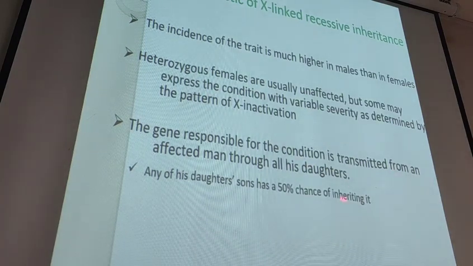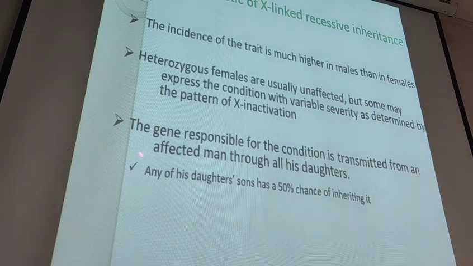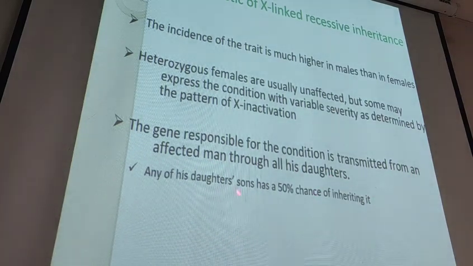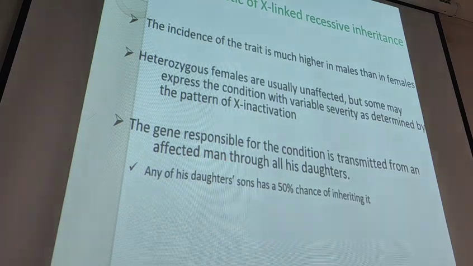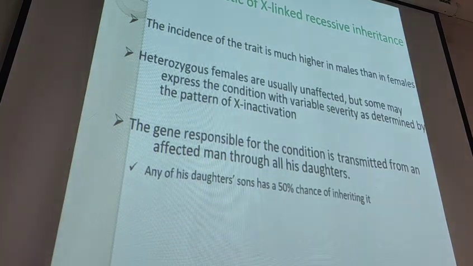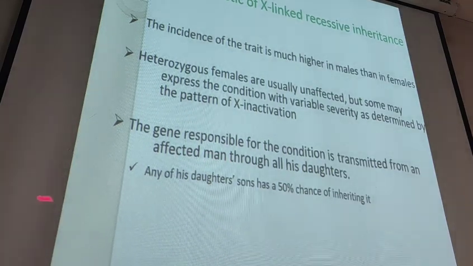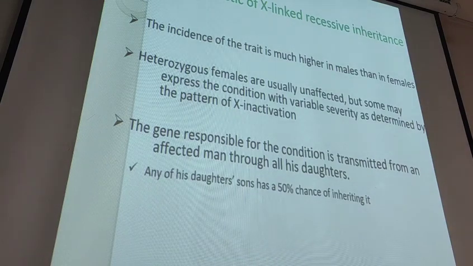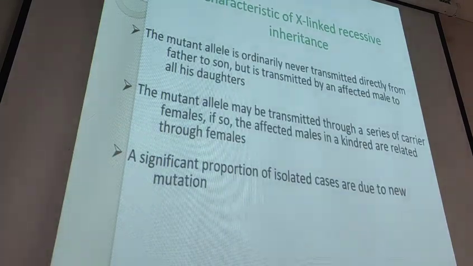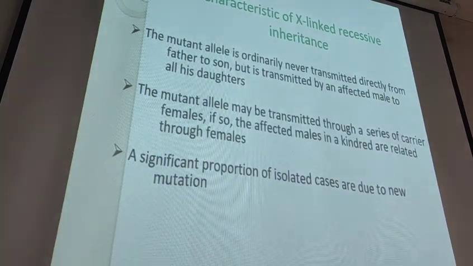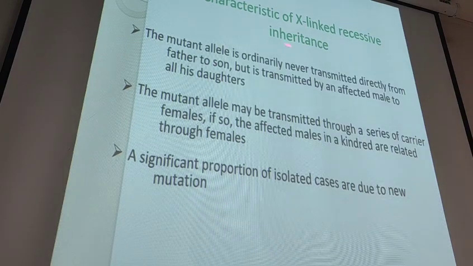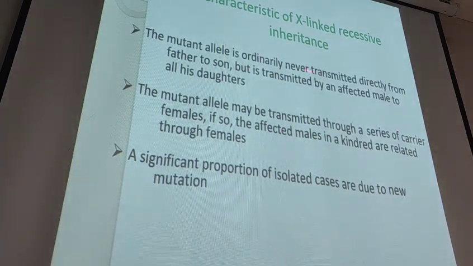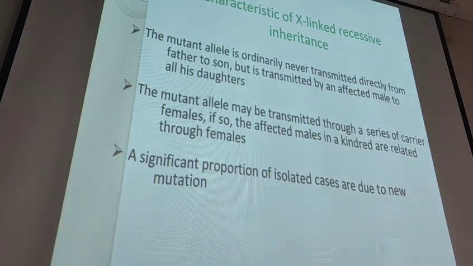Usually the disease is transmitted from affected man to all of his daughters, and any of his daughter's sons also have 50% chance of inheriting the disease. Mutant allele is never transmitted from father to son.